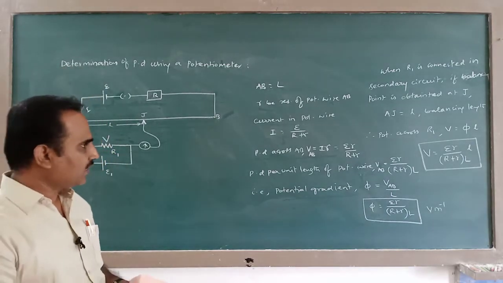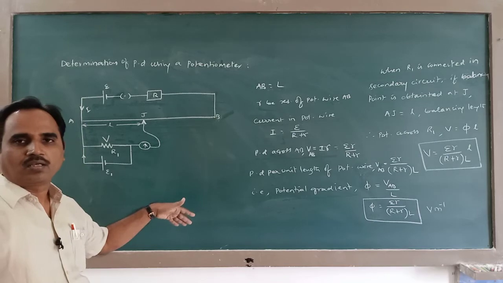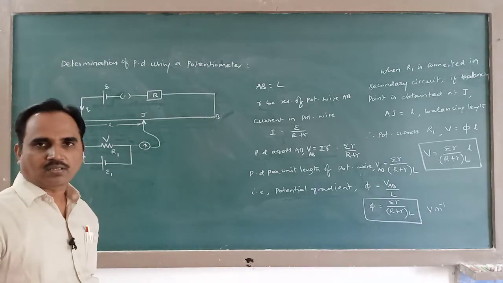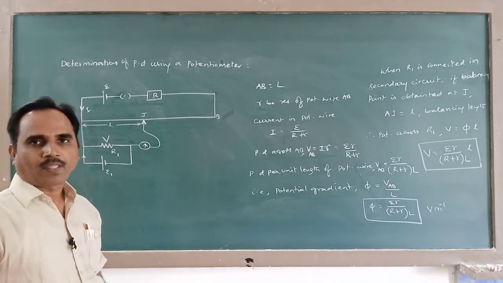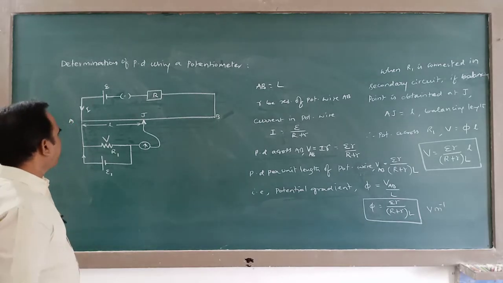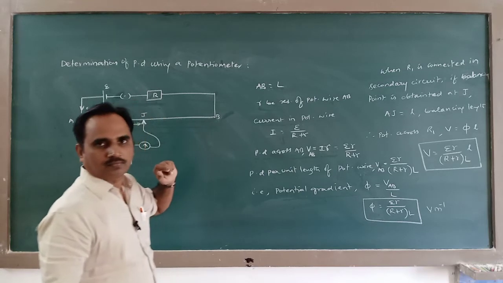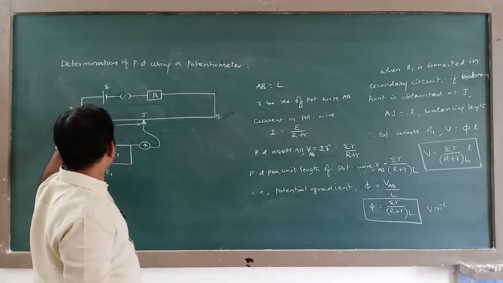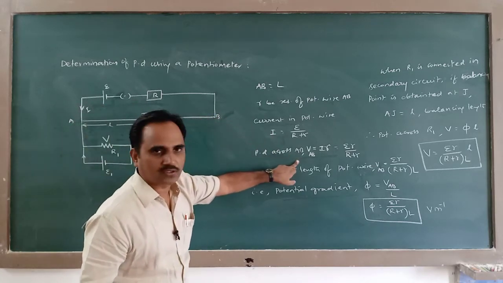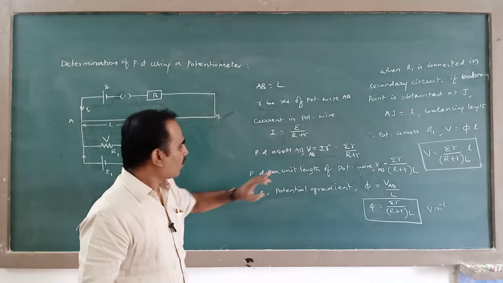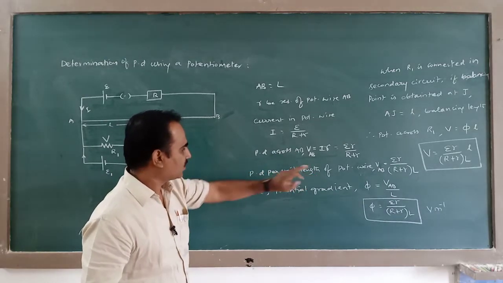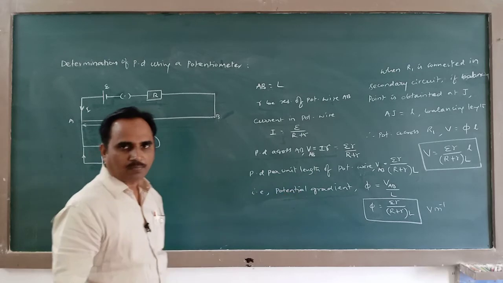So if you understand this theory, you can easily remember the equation. So I said that in the primary circuit, this is the current. Therefore, the potential difference across AB is this much, and potential difference per unit length is this much. This is called potential gradient given by this formula.